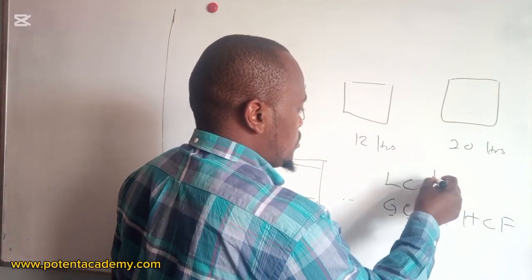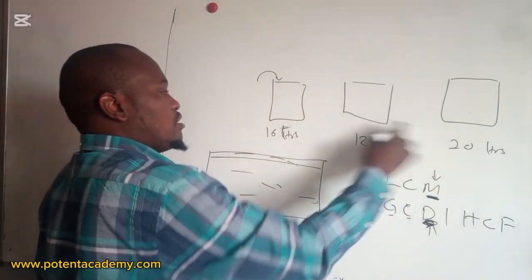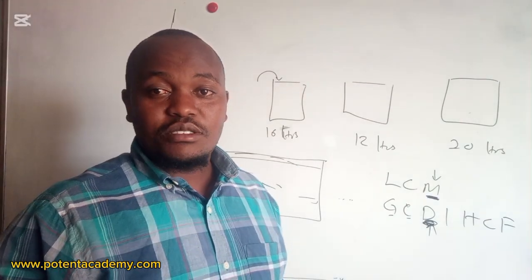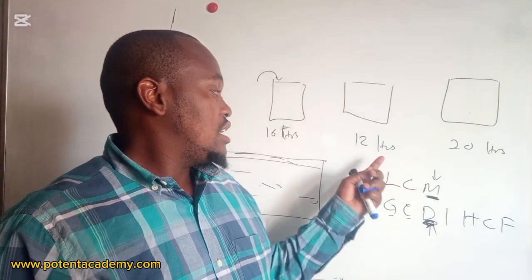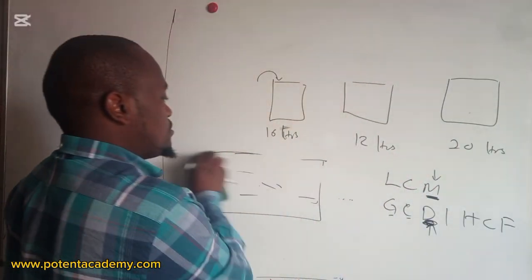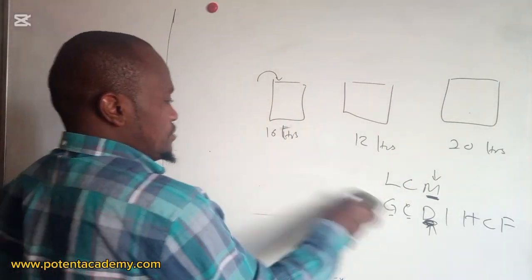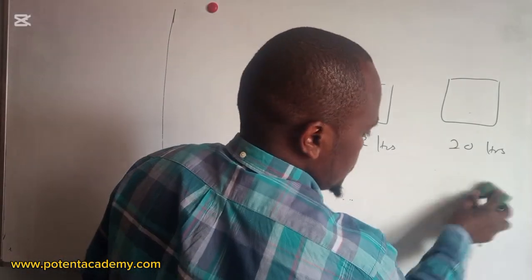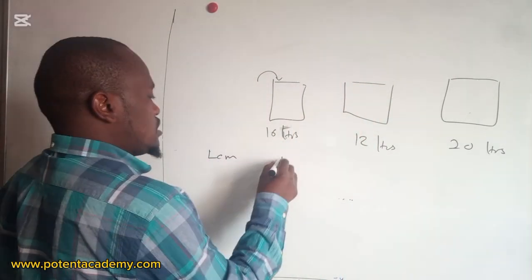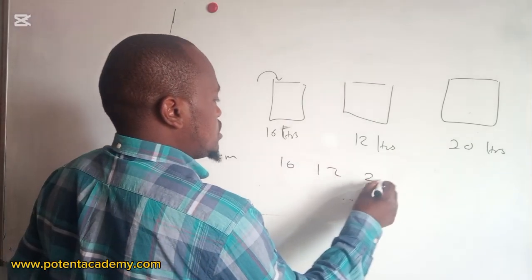A multiple is a multiple of this, meaning it is larger. So between LCM and GCD, which one are we going to use? We need a larger number, therefore we are going to use LCM. So LCM of 16, 12 and 24.